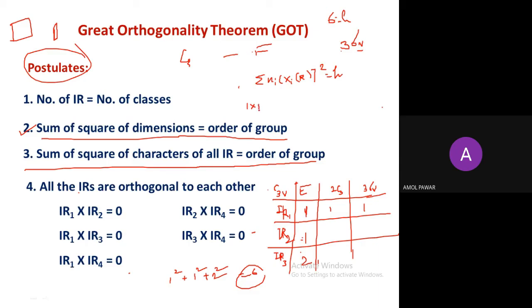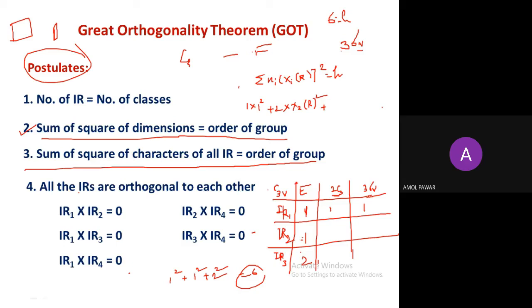Into 1 squared, plus, now the coefficient of class C3 is 2, correct, into the character 2 of the irreducible representation squared, plus 3.